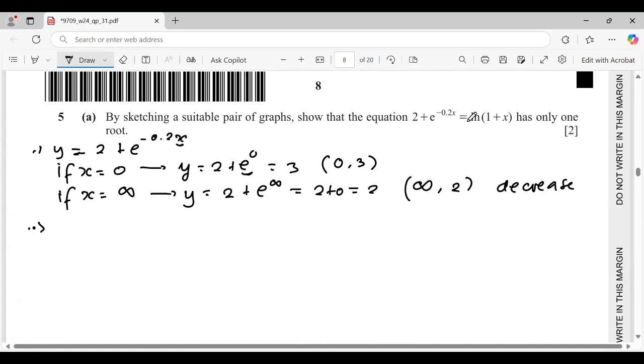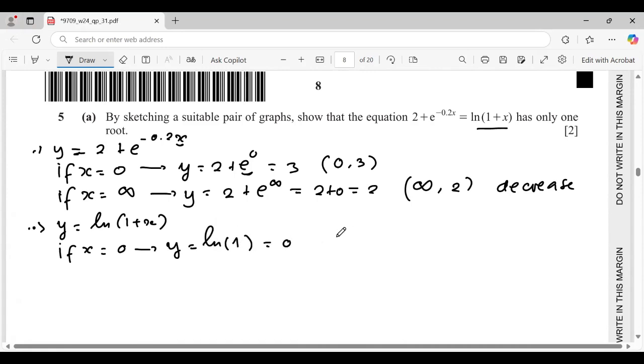And the second one is y equals ln(1 plus x). If x equals 0, y equals ln 1, which is 0, so (x, y) is (0, 0). So this graph passes through the origin, (0, 0). And if x equals 2, y equals ln 3.